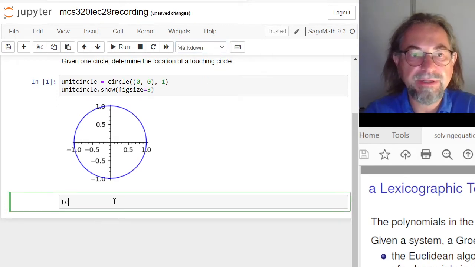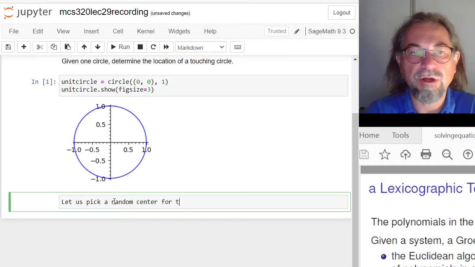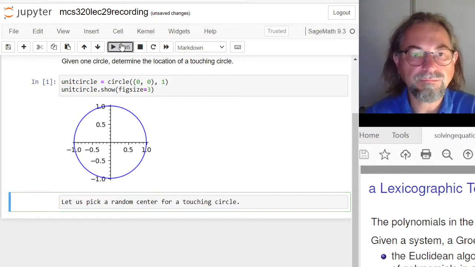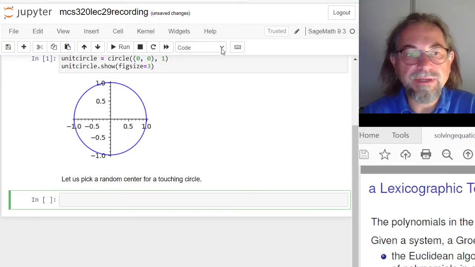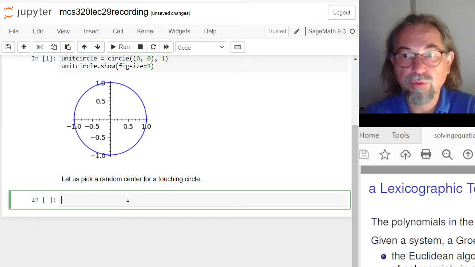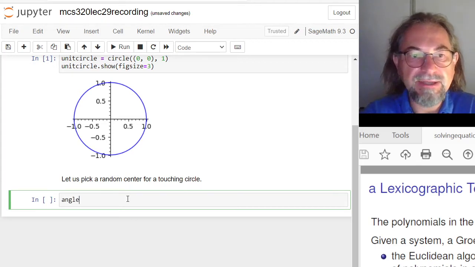So let us pick a random center for a touching circle. In polar coordinates that means a random angle, between minus pi and pi.